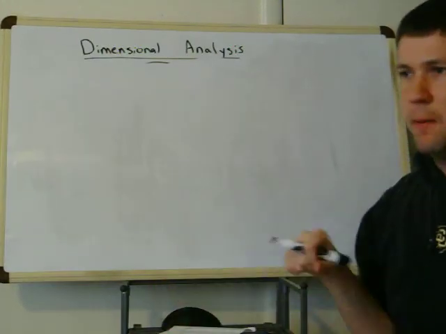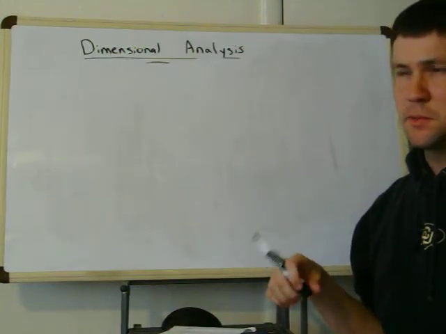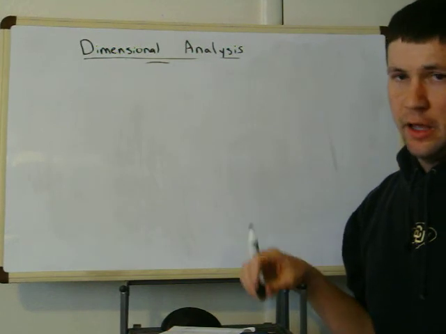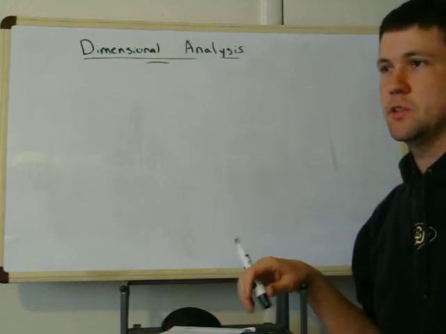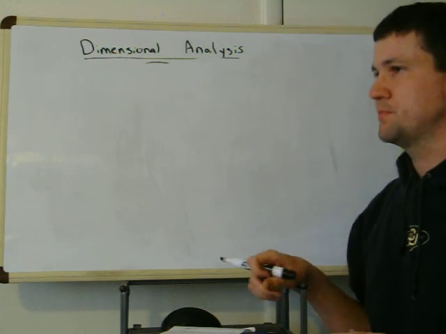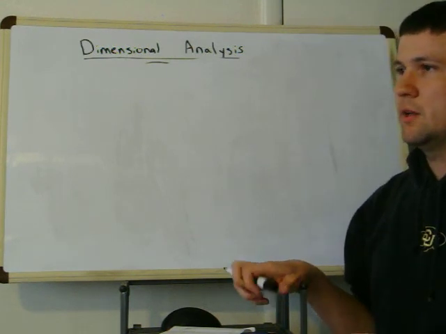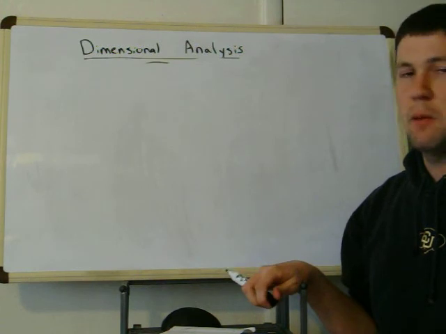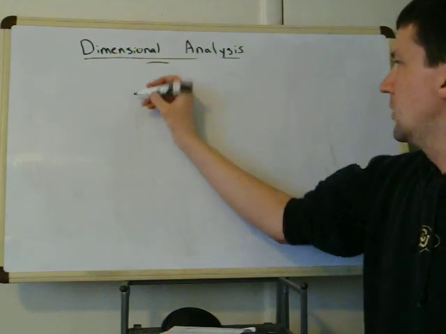A lot of people might want to break this up into multiple steps, and that's okay. You can do that. You'll just have to write out more answers. So in the example that we did, how many seconds are there in 4 days?